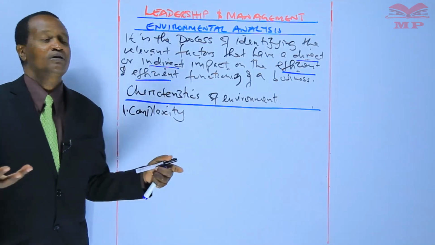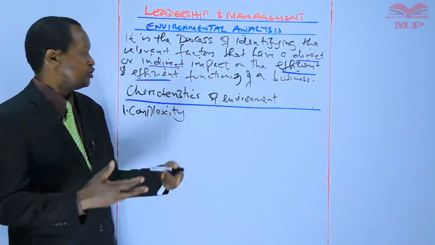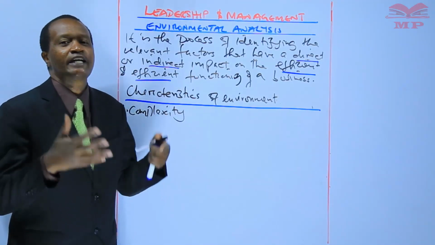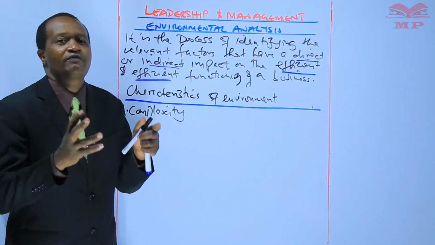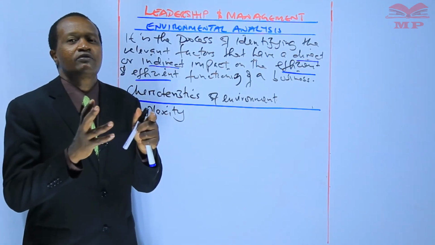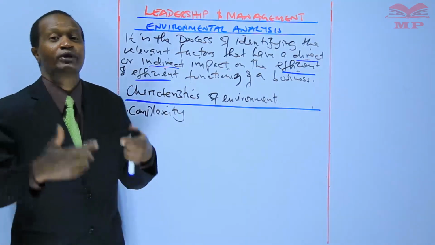We may have a company being faced with few environmental forces. If the number of these factors and the diversity of the environmental forces is lower, then the degree of complexity will also be low.